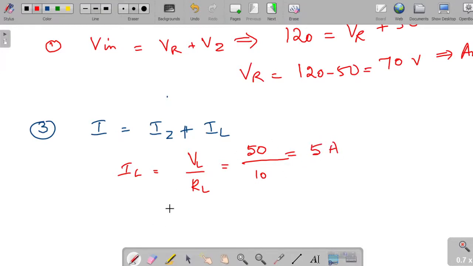Now one parameter we have found out. The next one we have to find out, then only the total current I can be found out. So I can go for calculating this IZ. How to calculate the IZ?